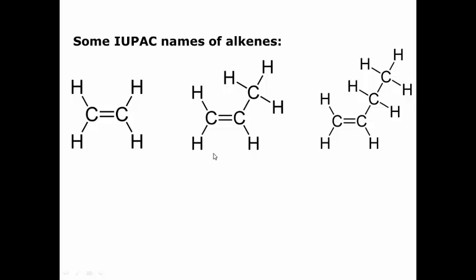But it's the suffix that's going to change. The suffix is a reflection of the functional group. In this case, the suffix is going to be ene for the alkene. So this is ethene. Here we've got a 3-carbon structure, and so the name of this is prop-1-ene. And so you'll notice here that I'm now including a number to indicate where that double bond begins.